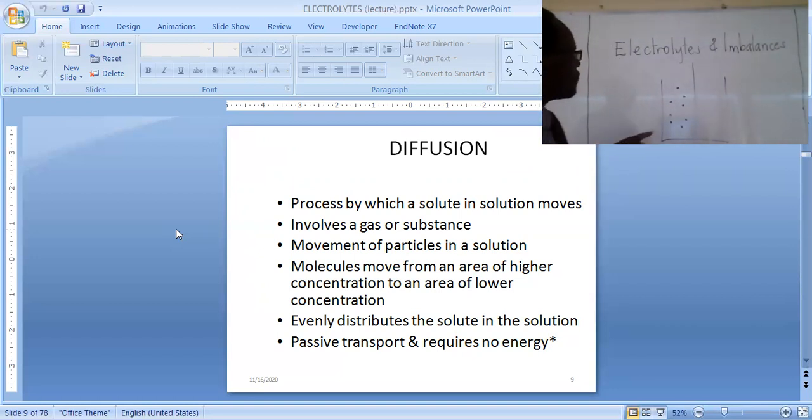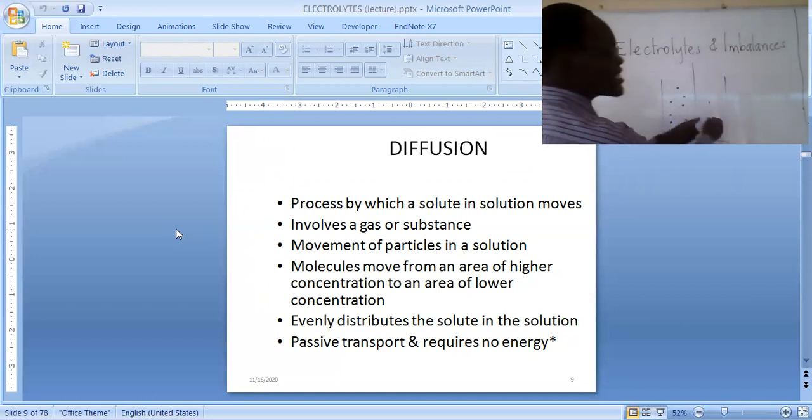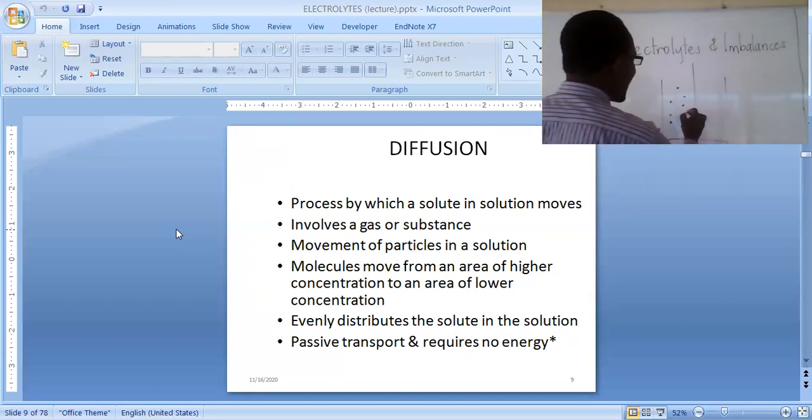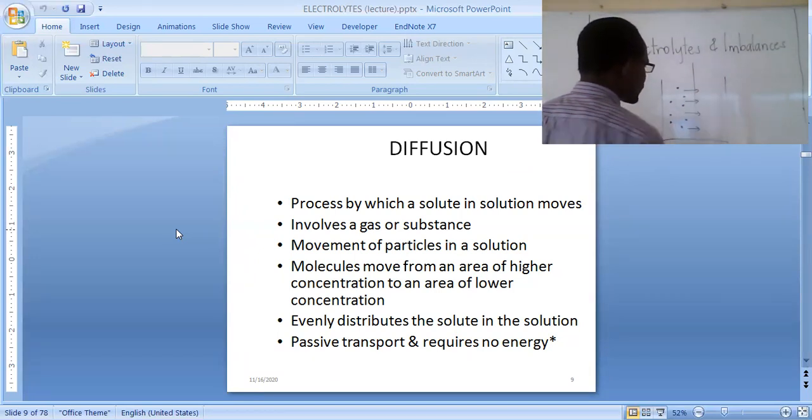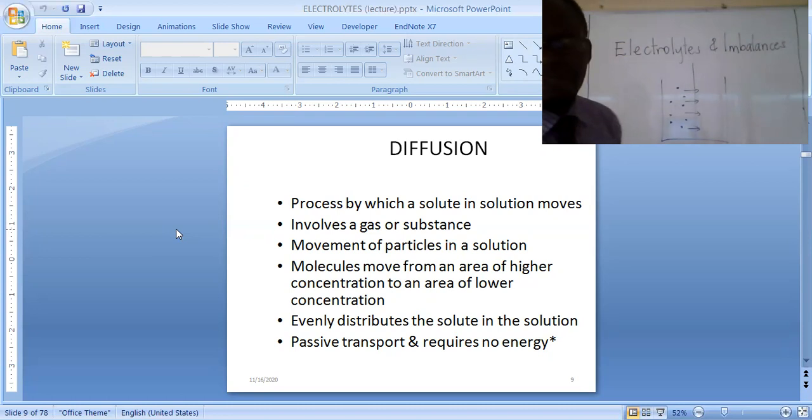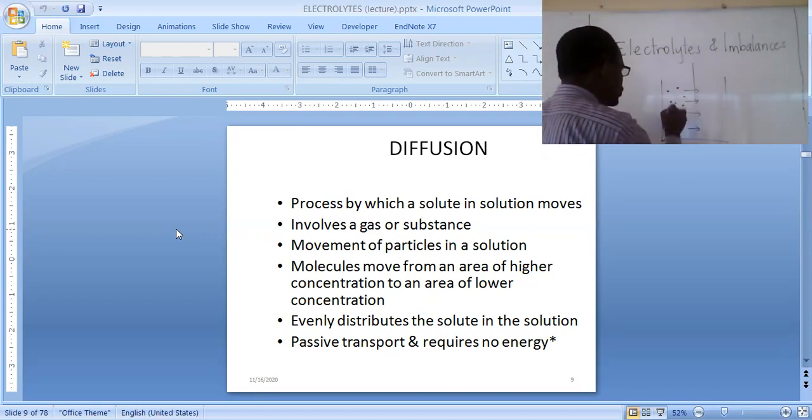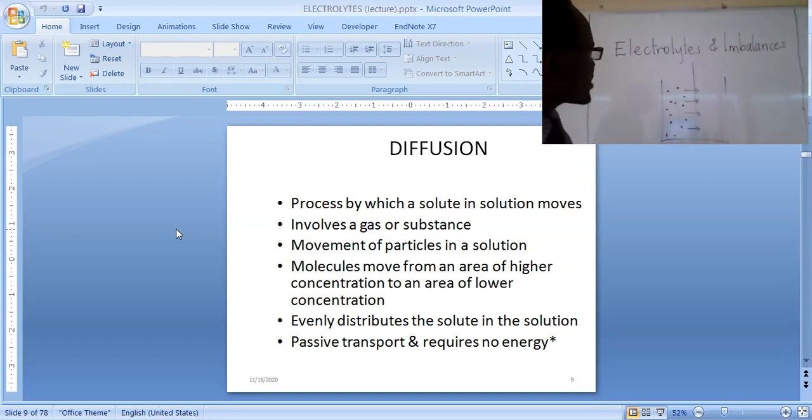Now, if we have few of these this side, then you'll find these ones moving that side, passively. In other words, it does not involve energy. Basically it moves from very high concentration to a very low one, where those substances are low.